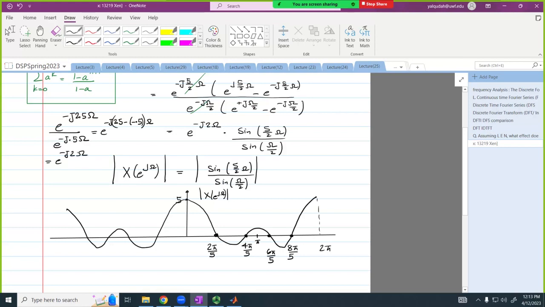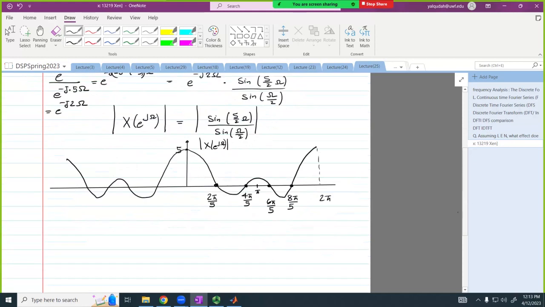Make sense? Is that clear? And please, if I write something that is not clear or you're not convinced, just ask. Don't let it bother you.